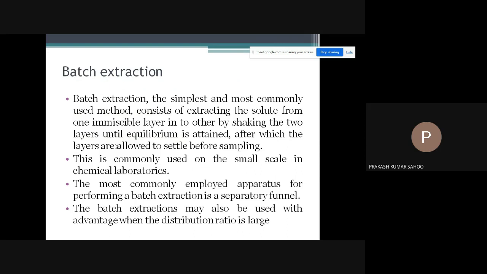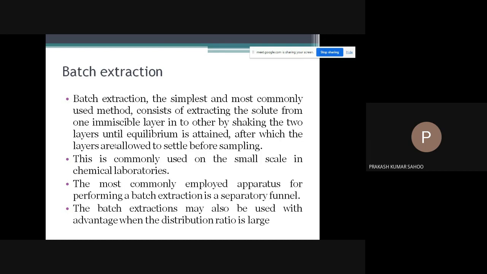Batch extraction is the simplest and most commonly used method, consisting of extracting the solute from one immiscible layer into the other by shaking the two layers until equilibrium is attained, after which the layers are allowed to settle before sampling. That means it is just like your separating funnel.